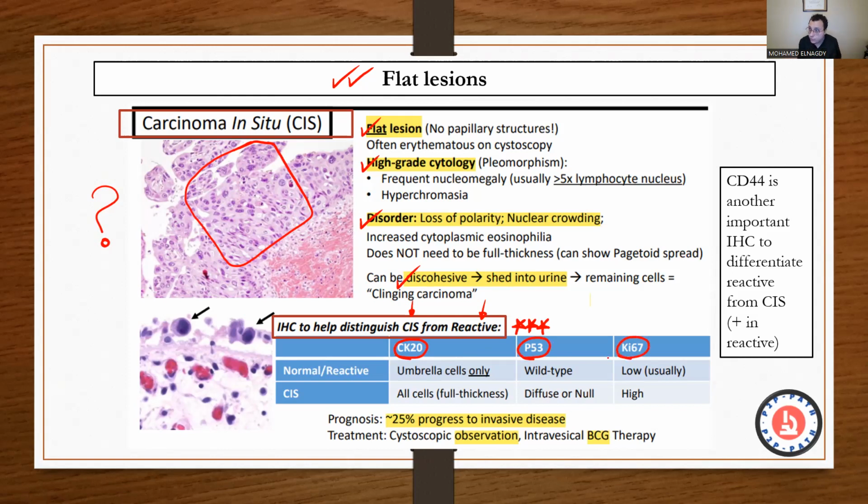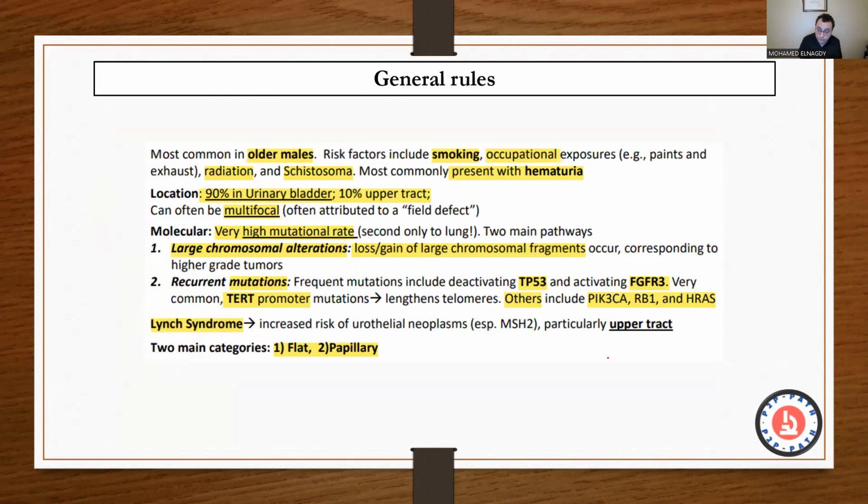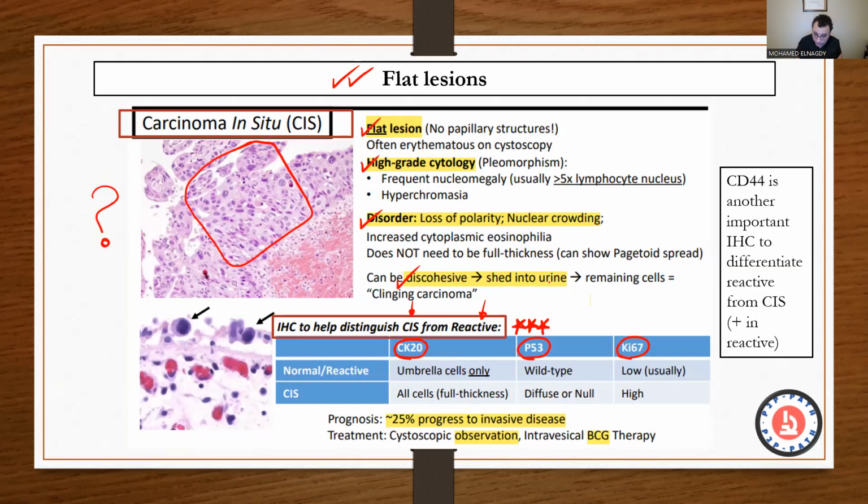If you remember, when we talked in the introduction in the general rules, we mentioned that TP53 is usually mutated in the carcinoma pathway of bladder cancer. So P53 is a very good stain. The wild type pattern is isolated positivity, some positive cells here and there, and other cells negative. This is reactive.